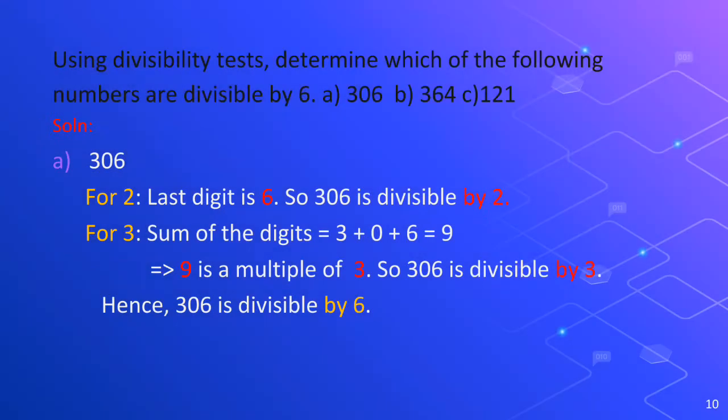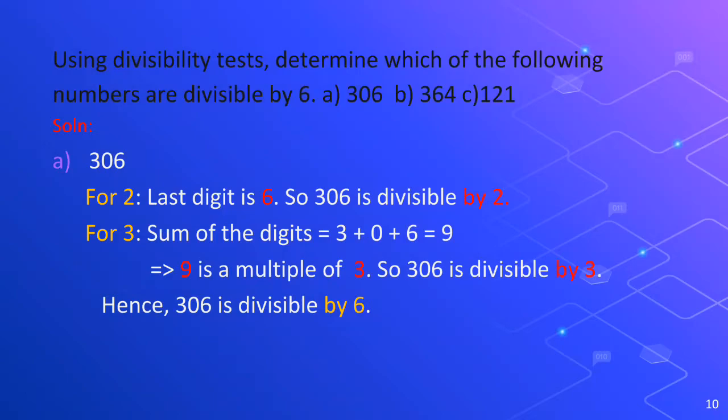Next sum, using divisibility test, determine which of the following numbers are divisible by 6: 306, 364, 121. First sum, 306. For divisibility test for 6, you have to check both 2 and 3. First, for 2, last digit is 6.